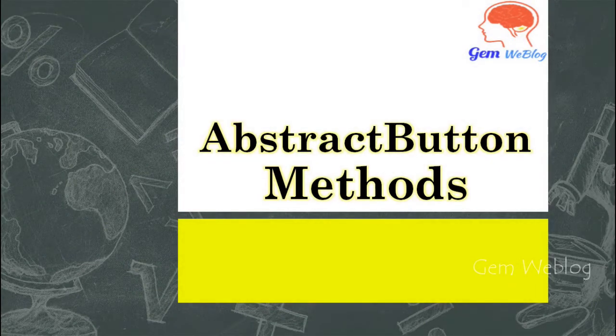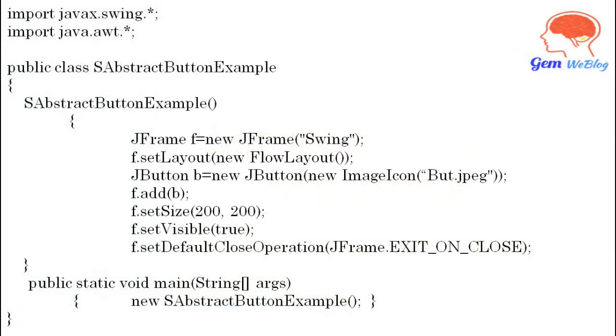Now we will look into the various methods of the abstract button class that are used frequently. This is the basic code needed to perform these methods. First, you have to include the necessary package and define the public class, and inside the public class you define a constructor.